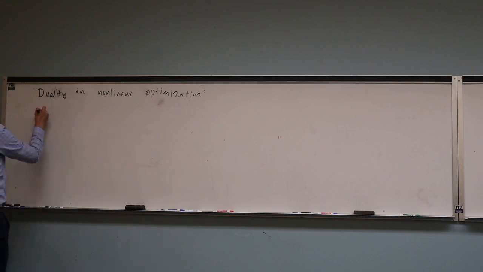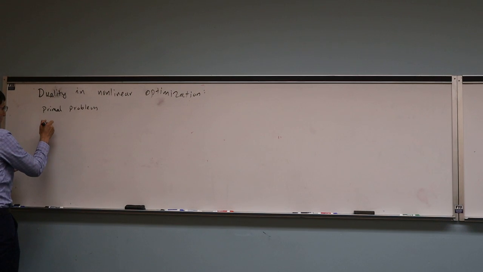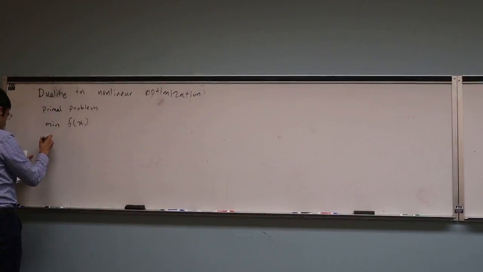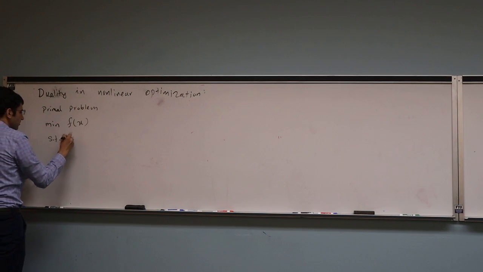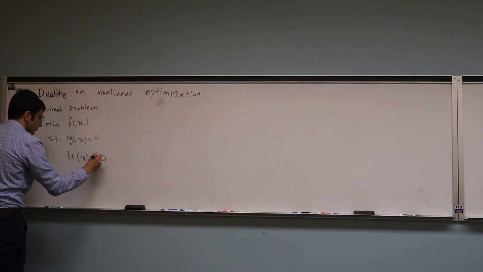So we start from the primal problem, which is minimizing an objective function subject to some equality and some inequality constraints.